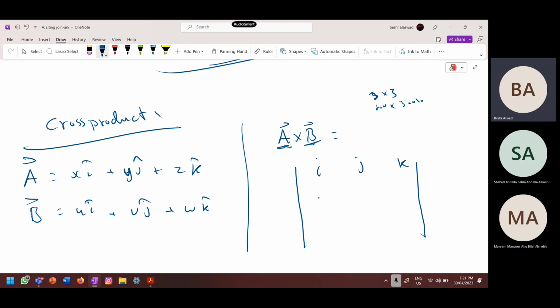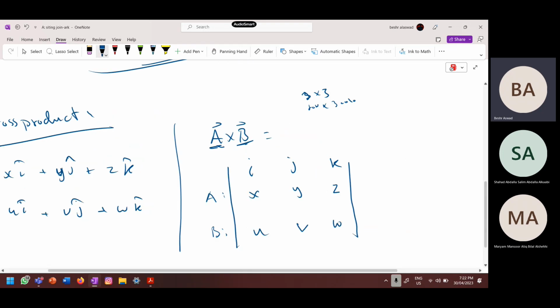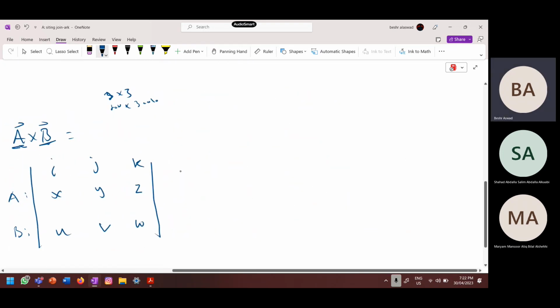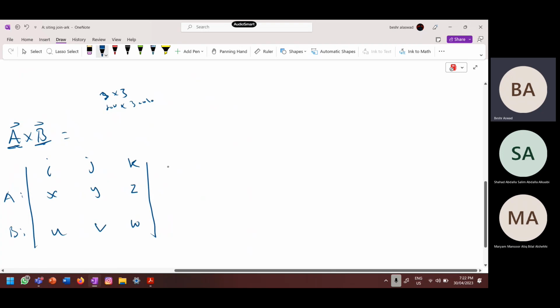So A cross B means that A is going to be first and B second. So A is going to have x, y, z. As for B, u, v, w. Then you need to write the components here: i, j, negative j actually, and k.